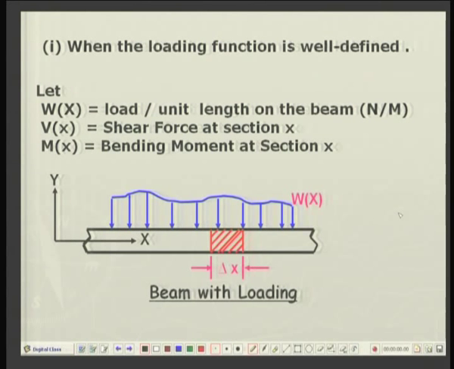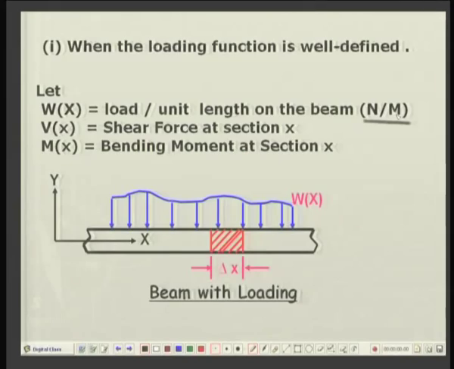The distribution function is very well defined. Let us say W(x) is the load per unit length of the beam, and its units will be Newton per meter. V(x) is the shear force distribution from section to section as a function of x, and similarly M(x) is the bending moment at any section x.